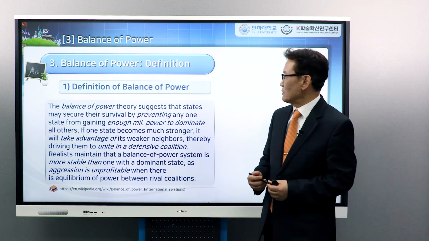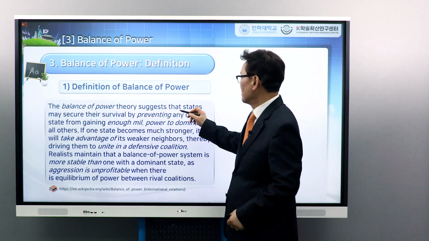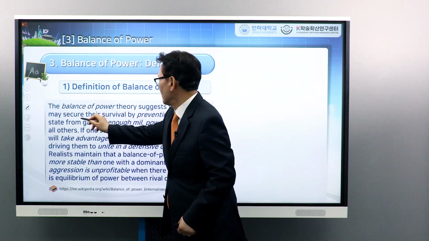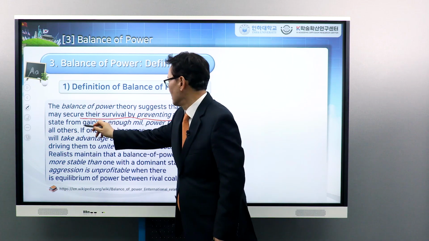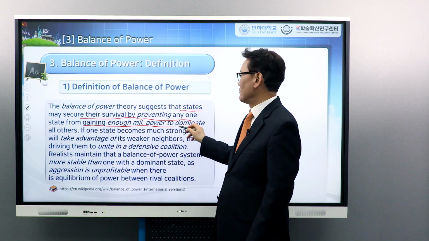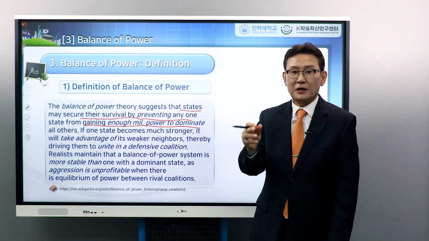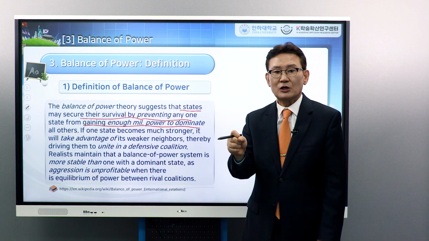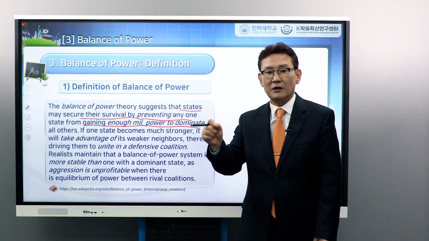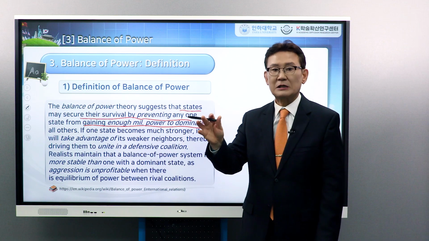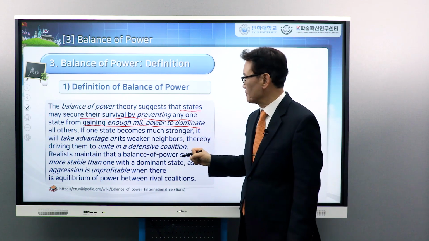Let me make a definition first. The balance of power theory suggests that states may secure their survival by preventing any one state from gaining enough military power to dominate. In other words, states make balance of power policy in order to prevent another country from gaining military power or a dominating position in that region.